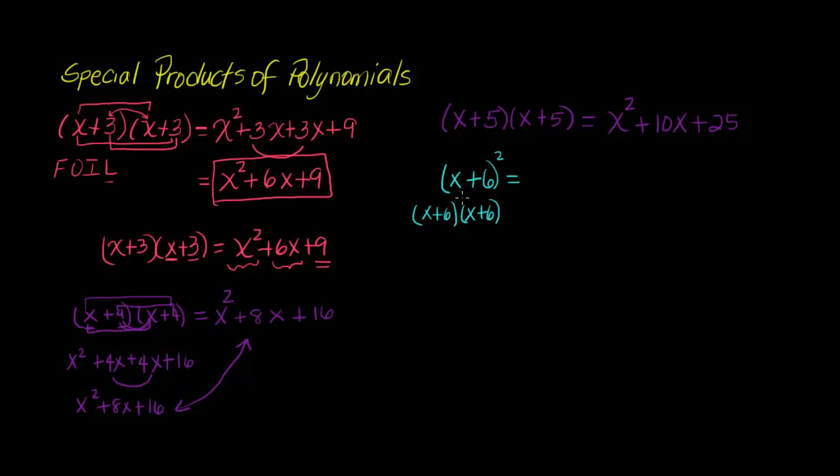So knowing that they're twins, I can use the shortcut. So let's go ahead and do the shortcut here. The first term squared is x squared. The last term squared is 36. And the middle term is x times 6 times 2. That makes 12x. And there you have it.